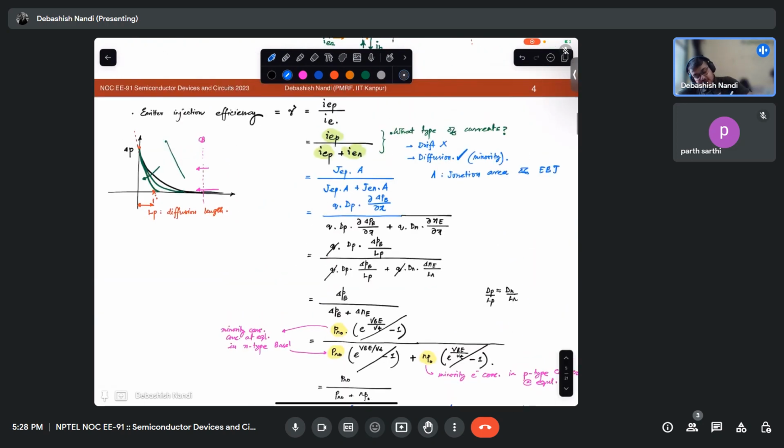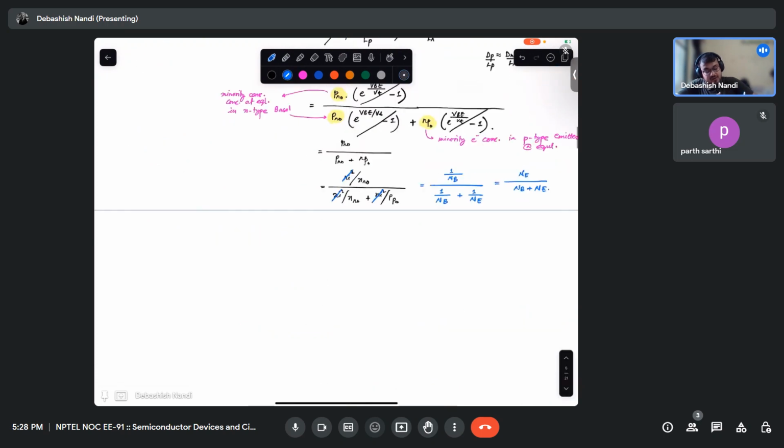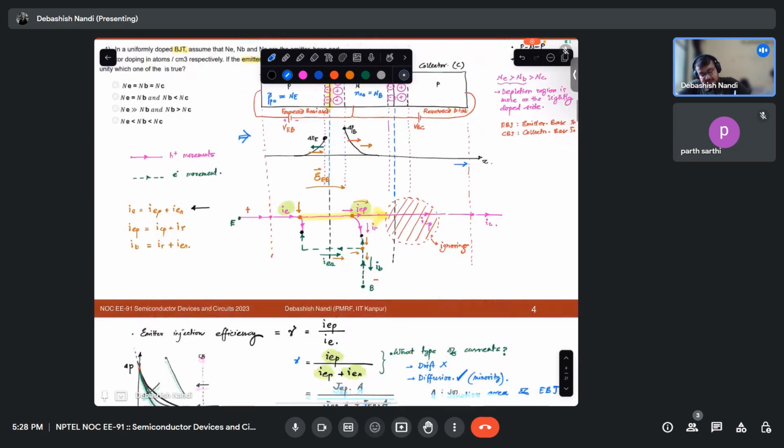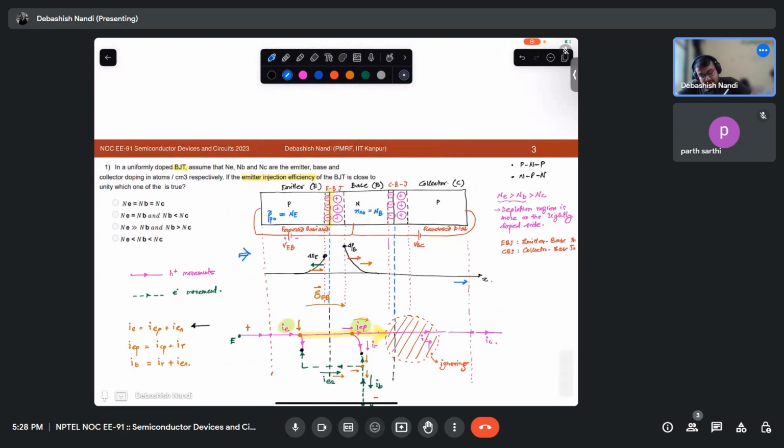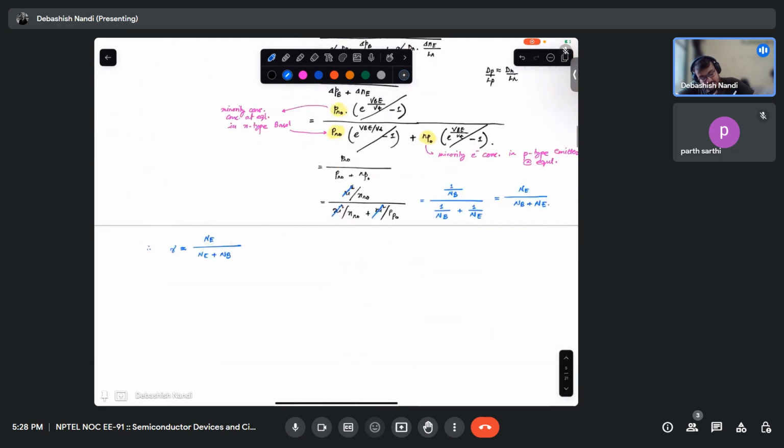So this is your gamma, actually, what we have calculated. Your gamma is computed to be approximately equal to Ne over Ne plus Nb. Now, in the question it is asked that the emitter injection efficiency is to be close to unity. That means this quantity is close to unity.